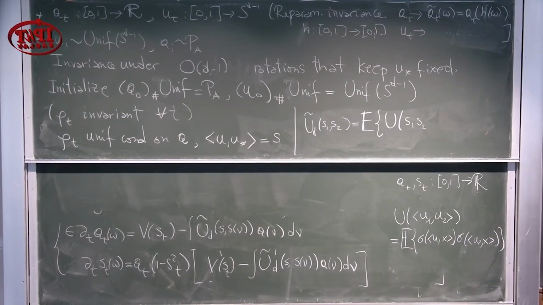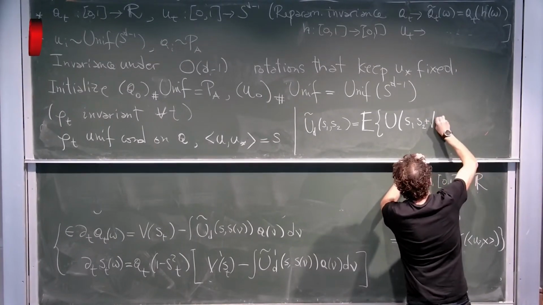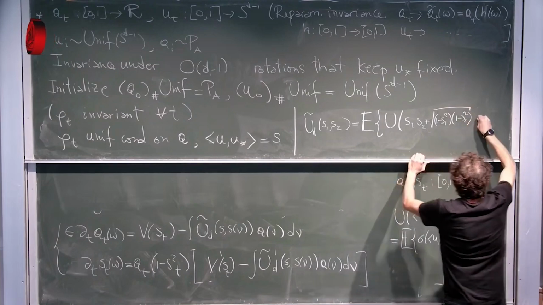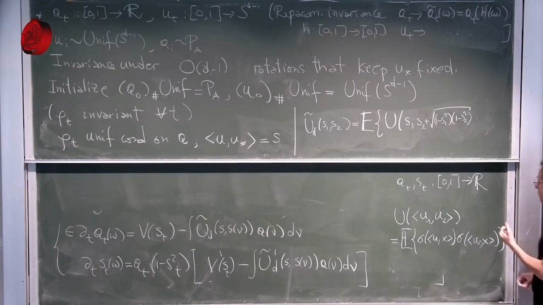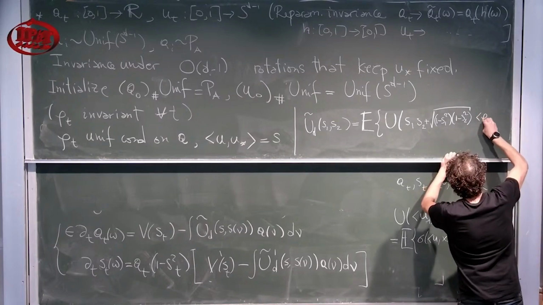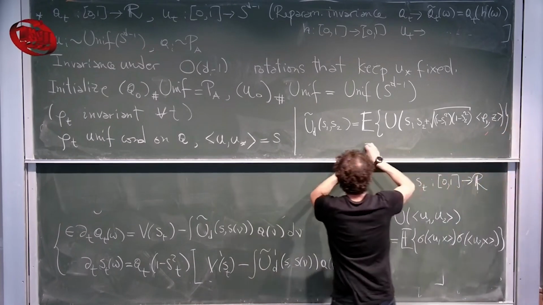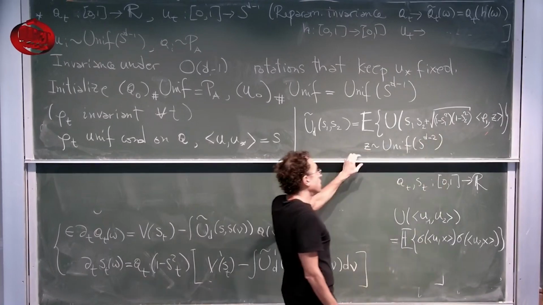These orthogonal components are two vectors of norm square root of 1 minus S1 squared and square root of 1 minus S2 squared. Then there is the scalar product of two unit vectors in d minus 1 dimensions. So you can fix one of them to be E1, and the second will be E1 first times Z, and the expectation is over Z that is uniform on the sphere of d minus 2 dimensions.